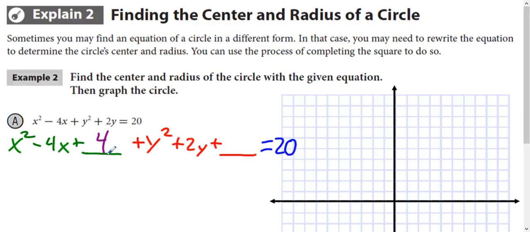Since we're magically adding 4 to the left side, you also have to add 4 to the right side, just to keep the equation balanced. The same on the left and the right. You do the same thing for the y's. Well, before we do that, let's complete the square. This will be x minus 2 squared.